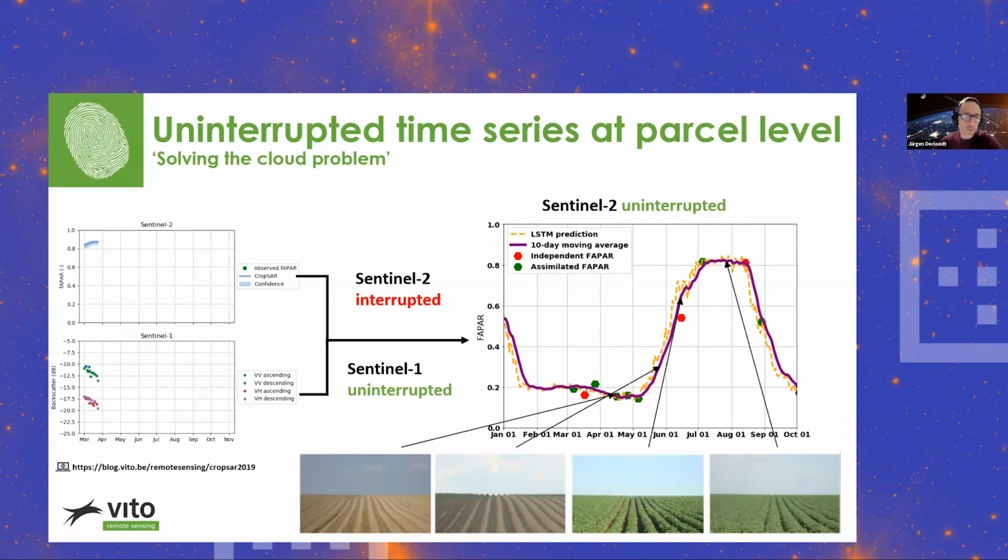And whenever we have a Sentinel-2 optical observation, we use that, and also to correct for any deviations, if any, from the past. In this way, we can create a very smooth and uninterrupted phenology curve of any parcel, basically anywhere in the world.